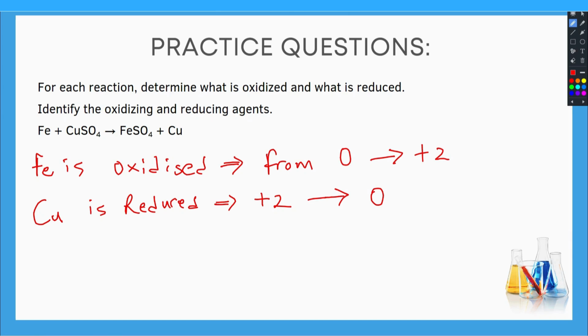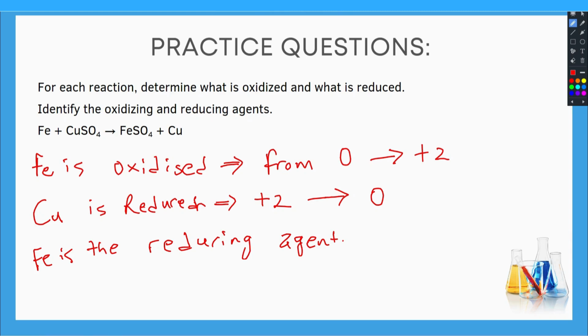Now if I ask you which one is the oxidizing agent and which one is the reducing agent, the one that is oxidized is the reducing agent. So we simply say Fe is the reducing agent.